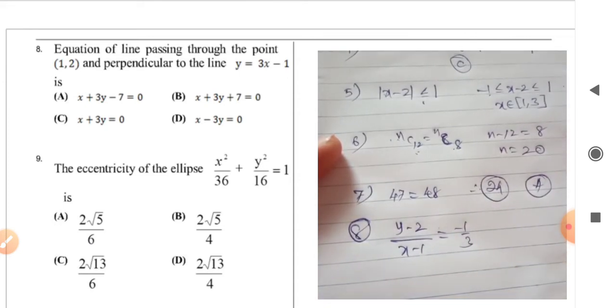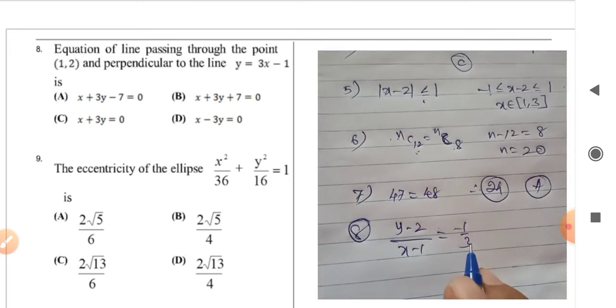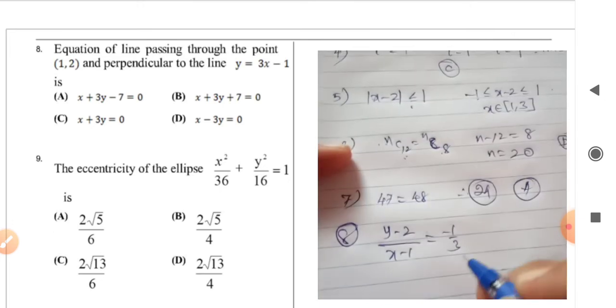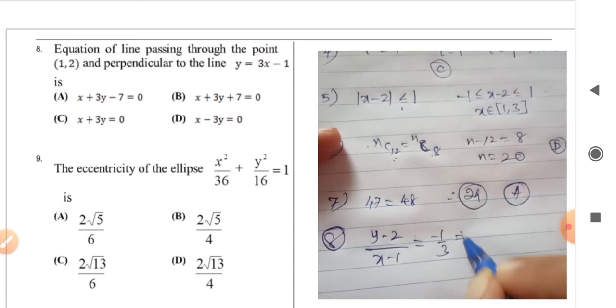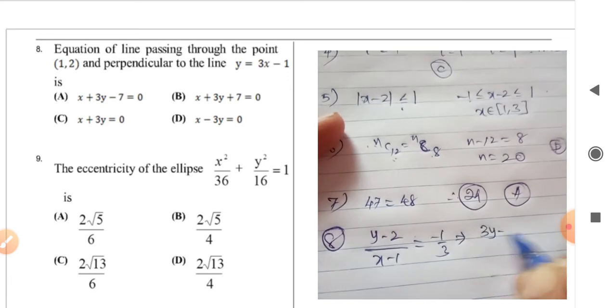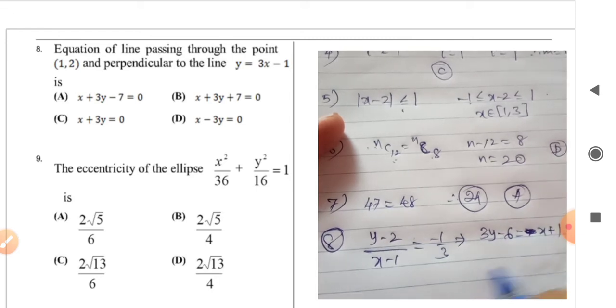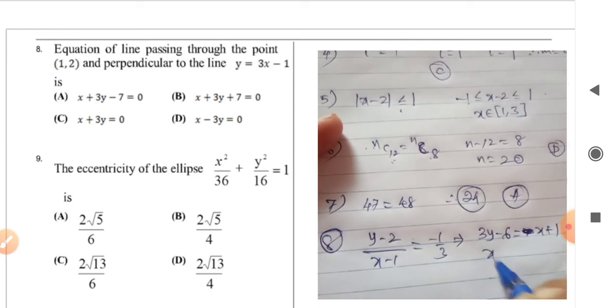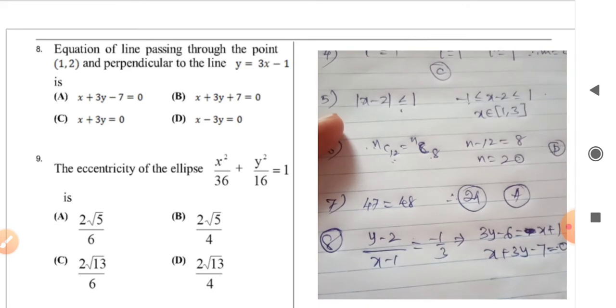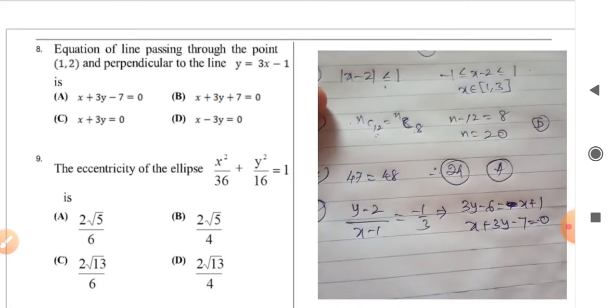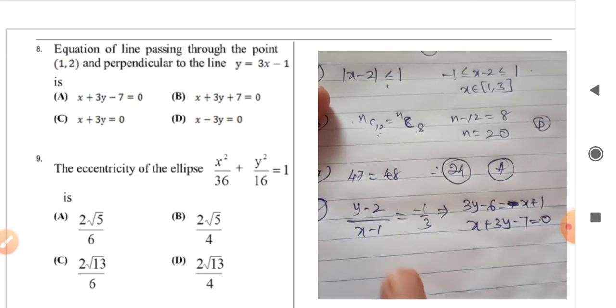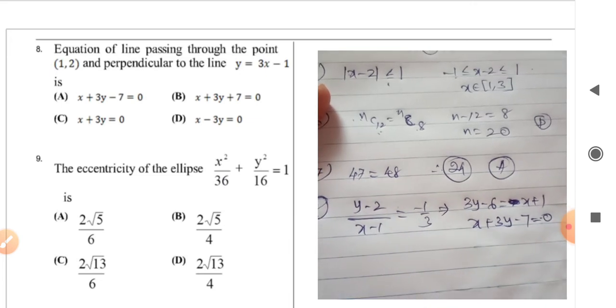Why? Because the slope of the given line is 3, hence the perpendicular line will be minus 1 by 3. When I cross multiply this, you get 3y minus 6 equal to minus x plus 1. So the final answer is x plus 3y minus 7 equal to 0. So remember, very easily you can derive this slope. I have equated here, and then you can get the answer for this question.